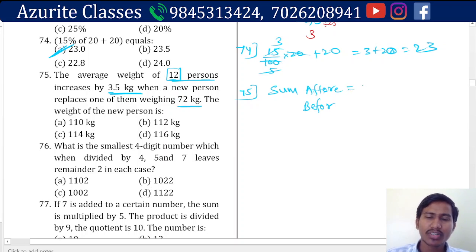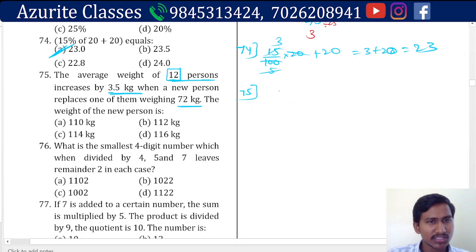Okay, so 12 persons. The average weight of 12 persons increased by 3.5 and the new person replaces one weighing 72. Instead of that, we'll go with a shortcut because there is no given average.